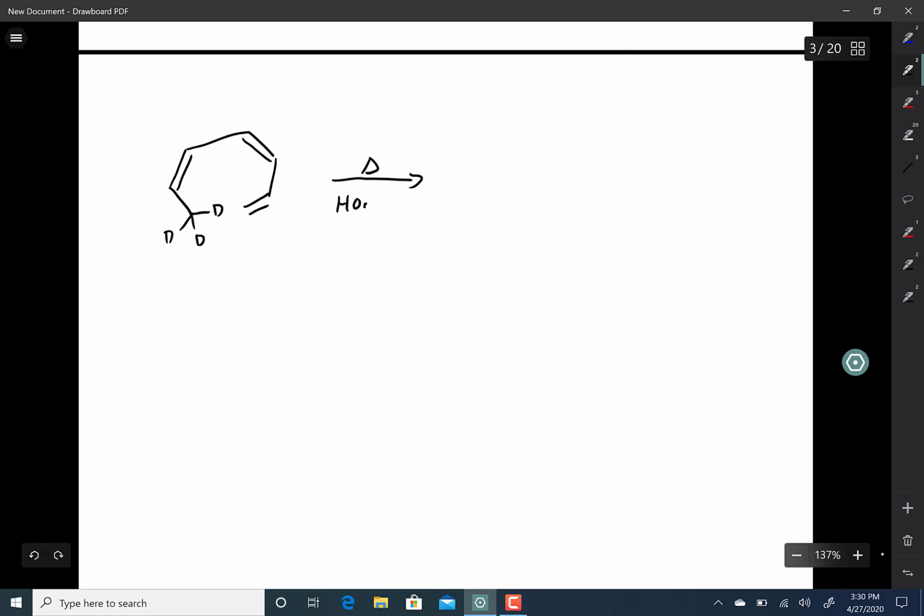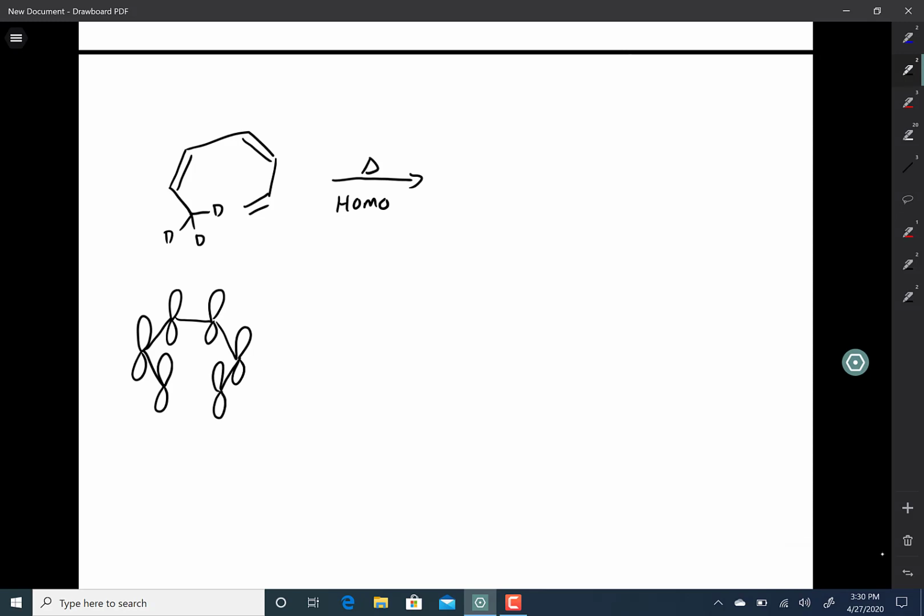Thermal reaction means we're going to be using the HOMO, the highest occupied molecular orbital. Like so. Now, what you need to do is draw in the HOMO, and this is just of the pi system right now.